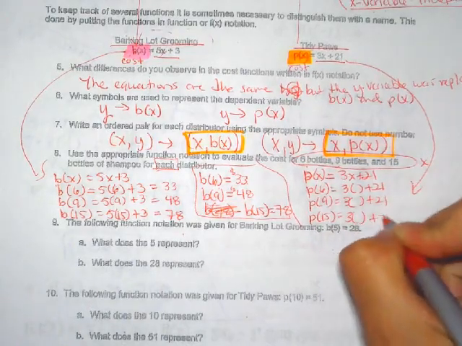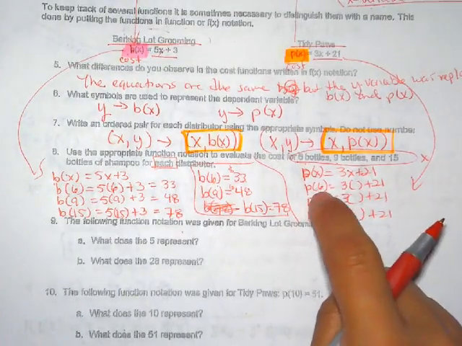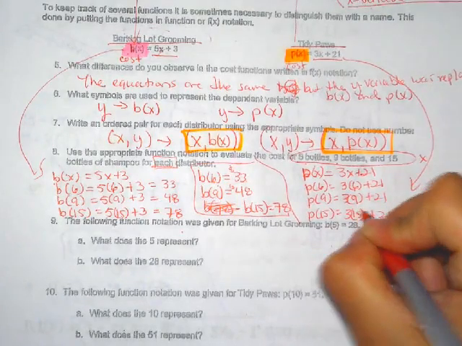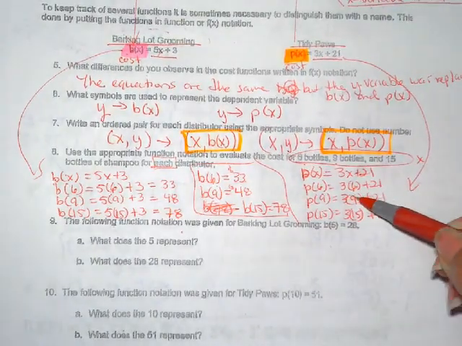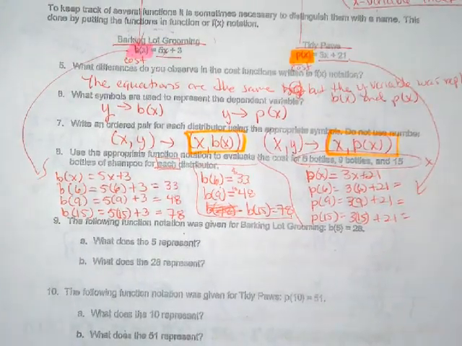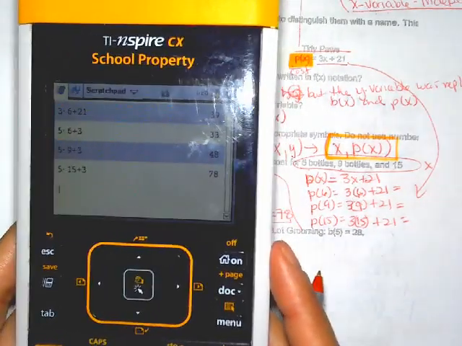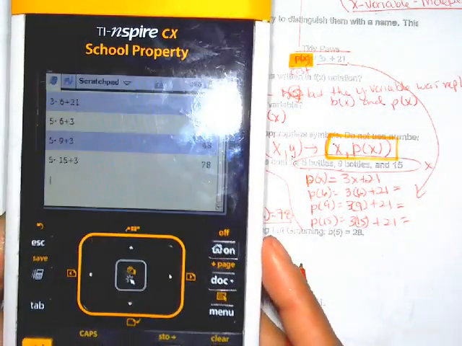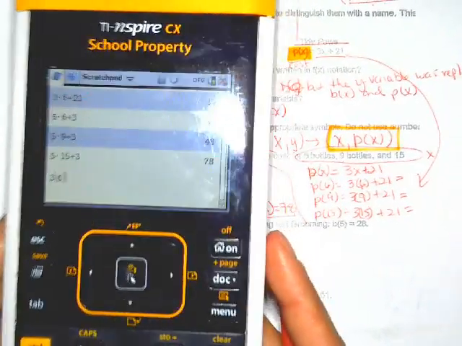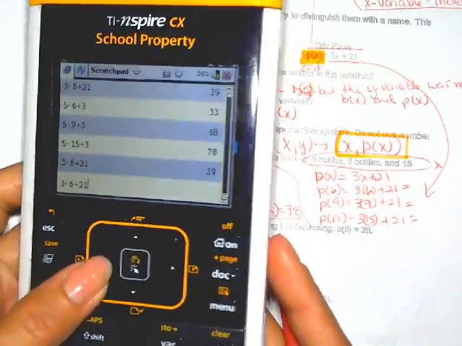Okay, so in place of x, I put parentheses. That's where my number is going to be substituted in. We're going to substitute a 6, a 9, and a 15 for 6 bottles, 9 bottles, and 15 bottles. Then we do the math. If you want to use your calculator, you can. So then it would be 3 parentheses 6 plus 21. Then we do it again with a 9.